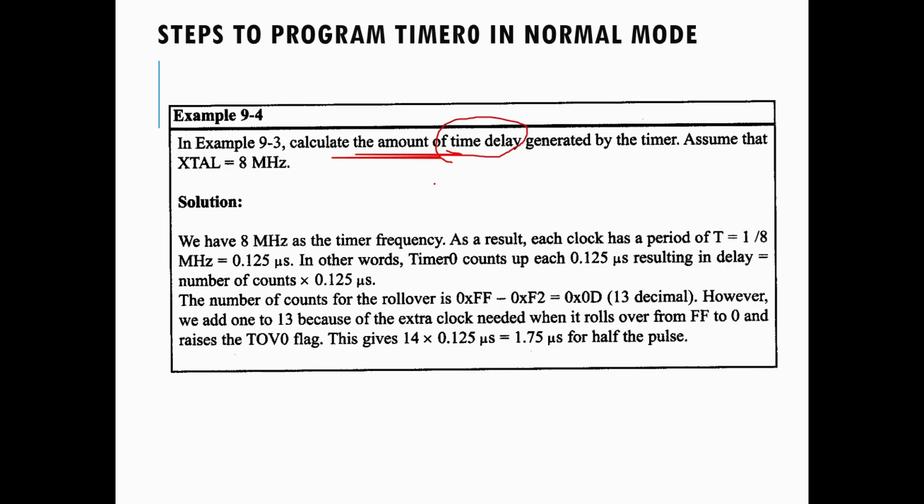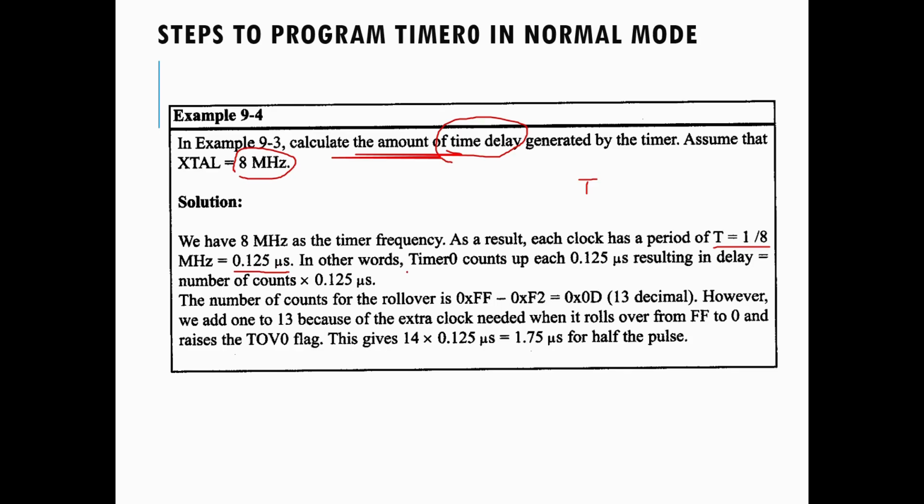We know the crystal speed is 8 MHz, so the time period is 1/8 MHz, which is 0.125 microseconds. So T equals 0.125 microseconds.